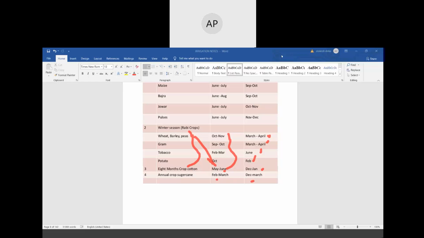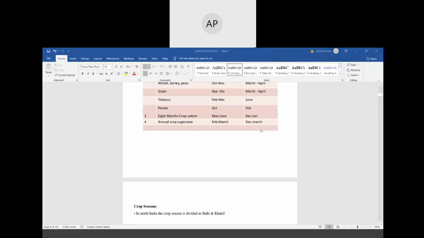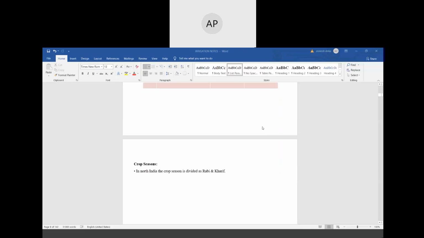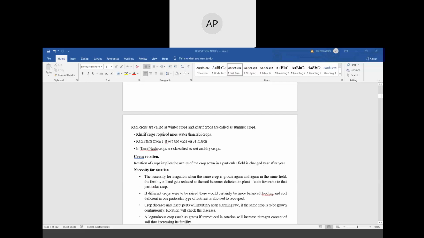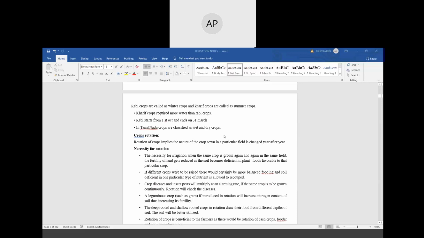So these are the different types of crops. Next is crop seasons. What are the seasons in crops? In North India, the crop season is divided as Rabi and Kharif. Rabi crops are called winter crops and Kharif crops are called summer crops.